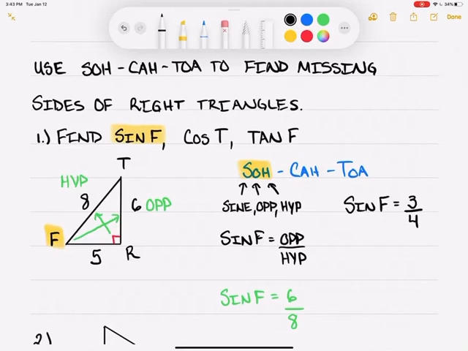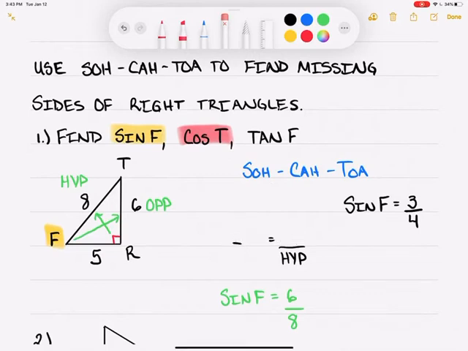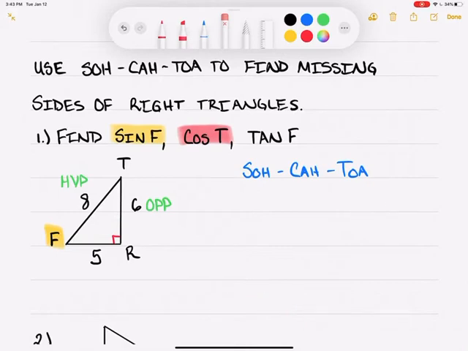Now let's look at the cosine of angle T. That'll be our next one. Cosine of angle T, obviously it starts with the letter C. So I know I'm going to use CAH.